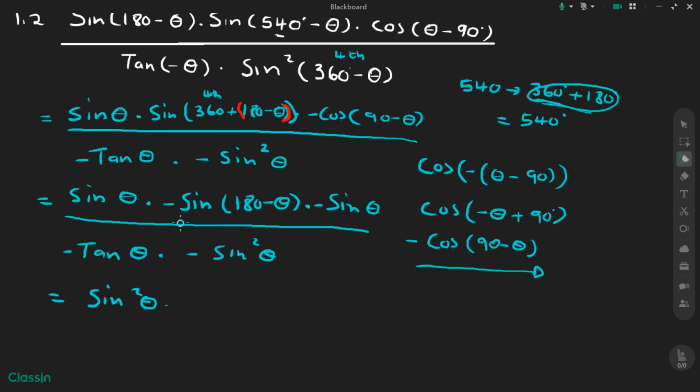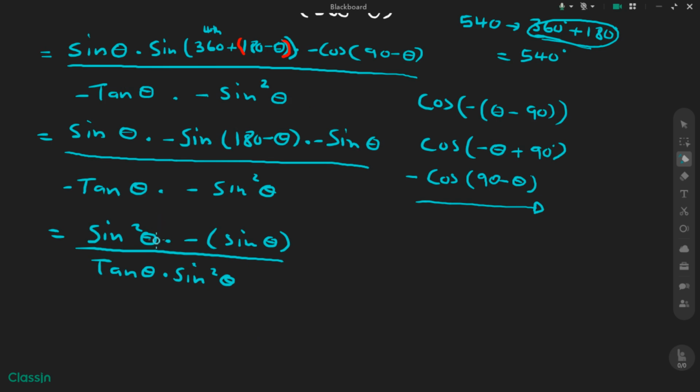Multiplied by negative sine of 180 minus theta, which is the same; the negative is still there, but the answer here is sine theta, divided by tan theta multiplied by the negative, and the negative will be positive, sine squared theta.